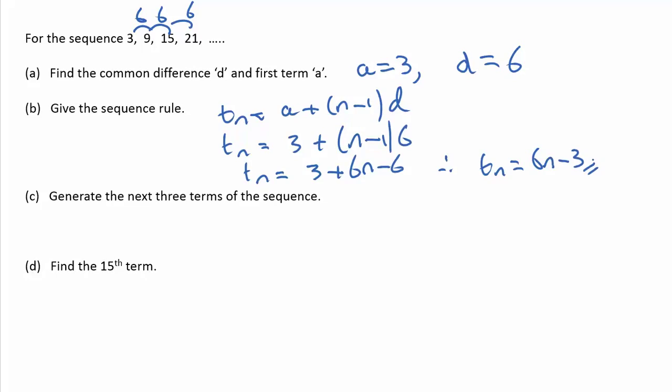Once we've got that, we can then generate the next 3 terms, either using the equation or a bit of common sense. So if we've got 3, 9, 15, 21, then adding 6, we can include the next 3 terms in readily.